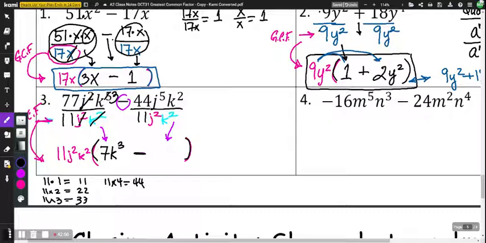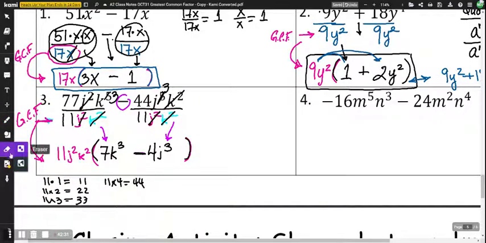Now on the second one, 44 and 11, 44 divided by 11 is 4. I have 2 j's down here, which will cancel 2 up here. I'll have 3 left. And then this k is 2, and there's 2 k's there, which will cancel out. So what I have left is this j to the power of 3. And that's it.